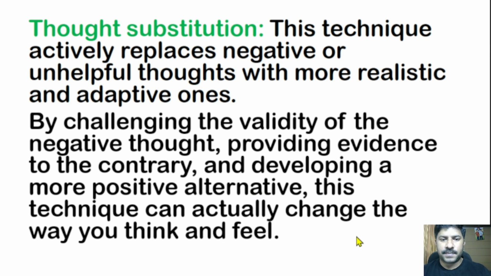So it is more useful in cognitive behavioral therapy to stop unwanted thoughts. Why do we need to stop unwanted thoughts? Because they lead to anxiety, stress, and finally depression. So in order to prevent the patient from these kinds of diseases, cognitive behavioral therapy helps.